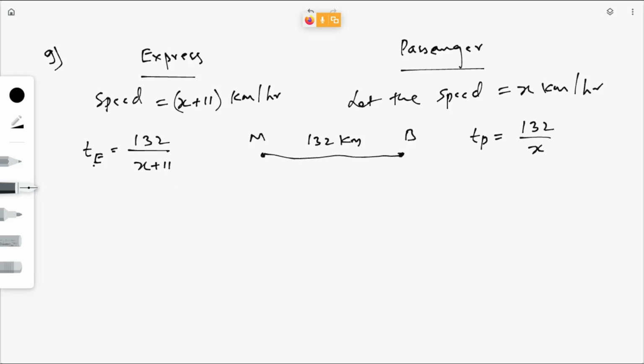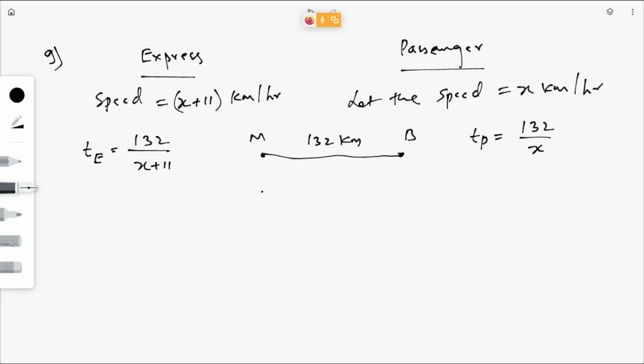And what is the relation between time taken by express train and the passenger train? Read the first sentence from the problem. Express train takes 1 hour less. An express train obviously takes less time. If the speed of the express train is more, then it will take less time.